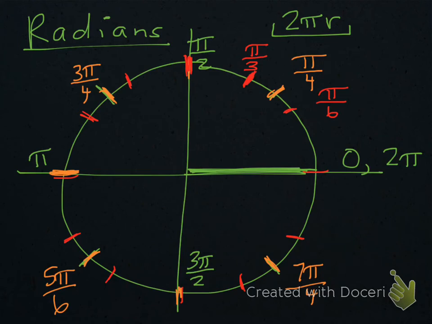So 1, 2, 3, 4, here's our fourth one. That's going to be 4 pi sixths, which is the same as 2 pi thirds.